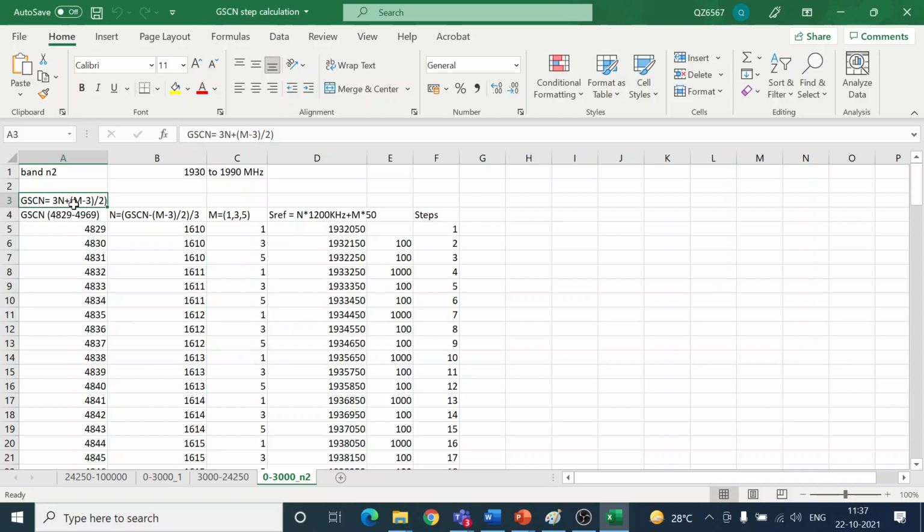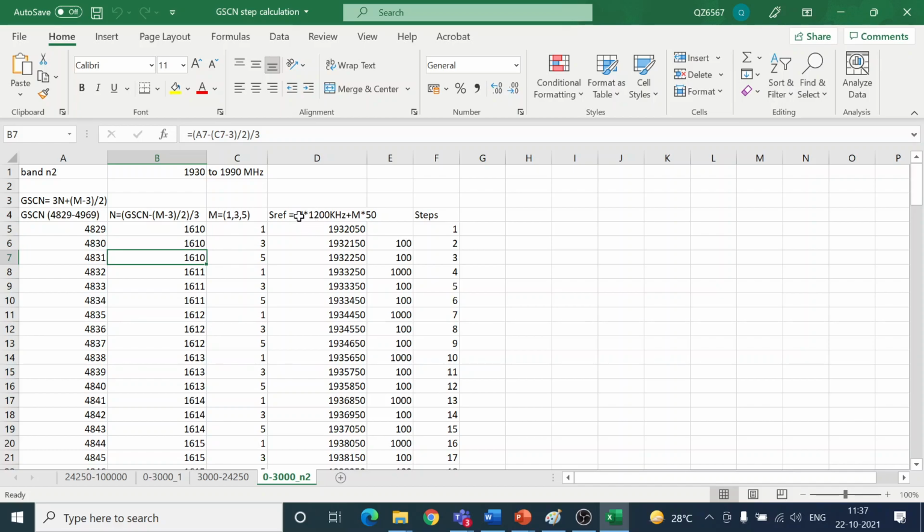Here, if we calculate N, it comes to 1610. When I put M as 1, as 3, or as 5, the value is 1610 each time.